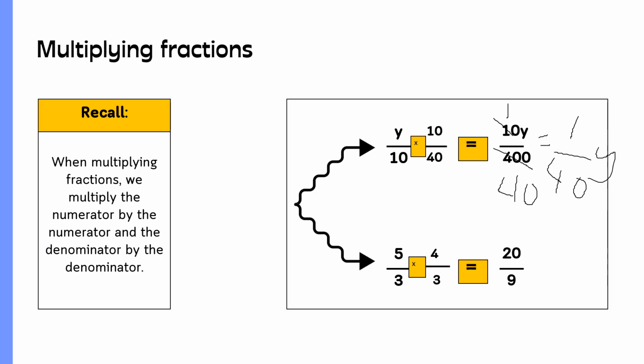Think about it. We know it's 2 times. So we're breaking it down into simpler forms. So this is 2 times, because 2 nines are 18, and the remainder is 2, and then you put it back over 9. So that is the mixed fraction.